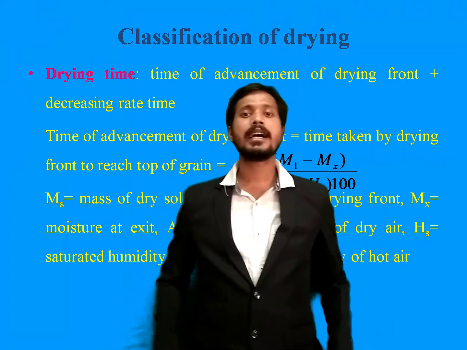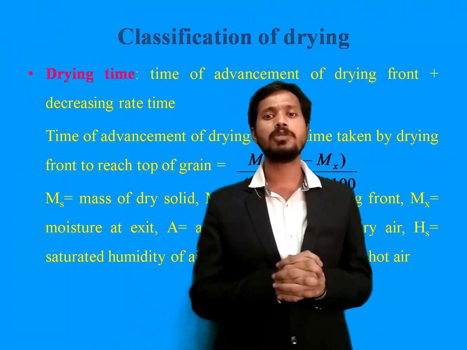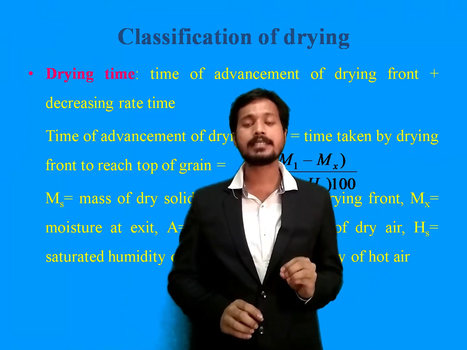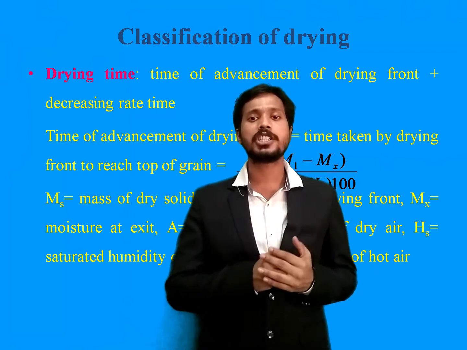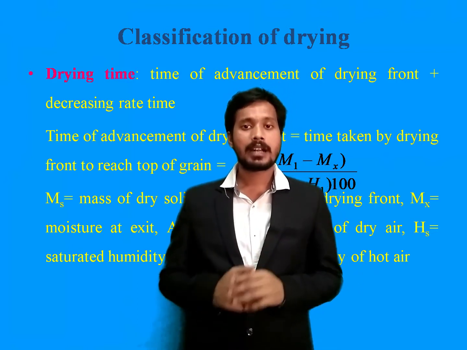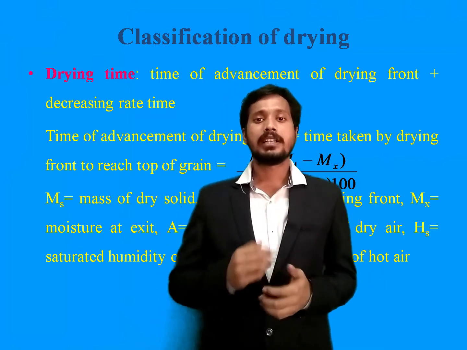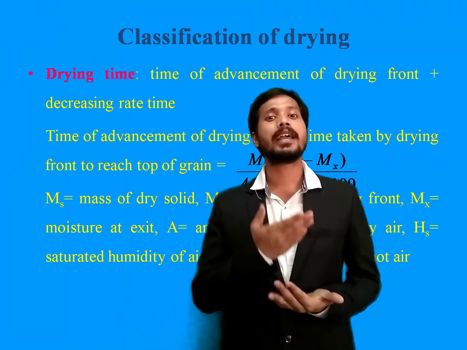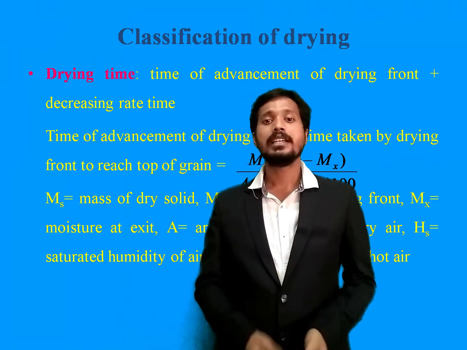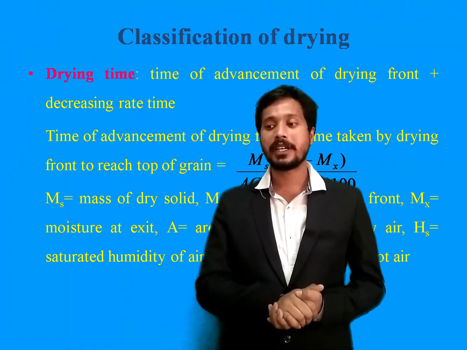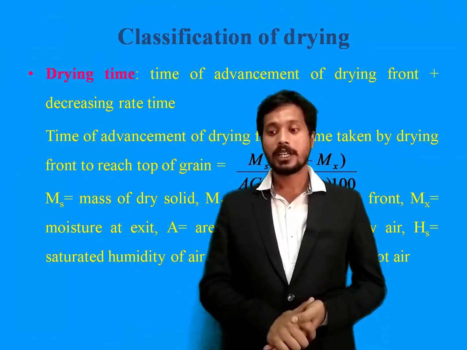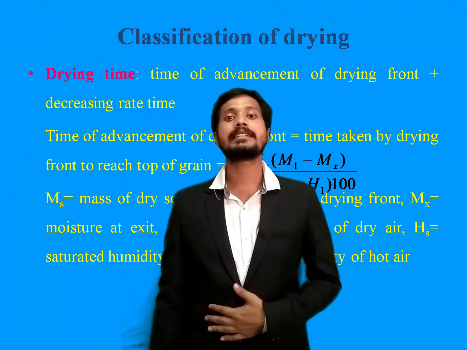Now there are some formulas. We have seen that in thin layer drying the formula we use is MR, moisture ratio, equals exponential of minus kt. Now for deep bed drying, here also we have to find the drying time. The drying time is the time of advancement of the drying front plus the decreasing rate time.